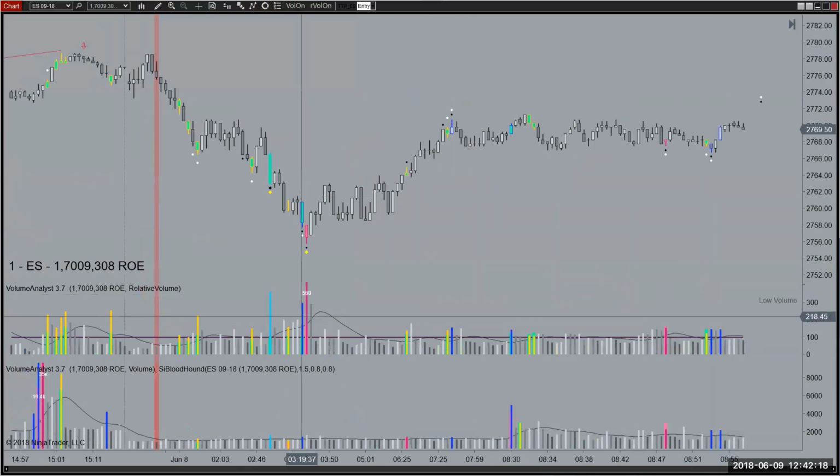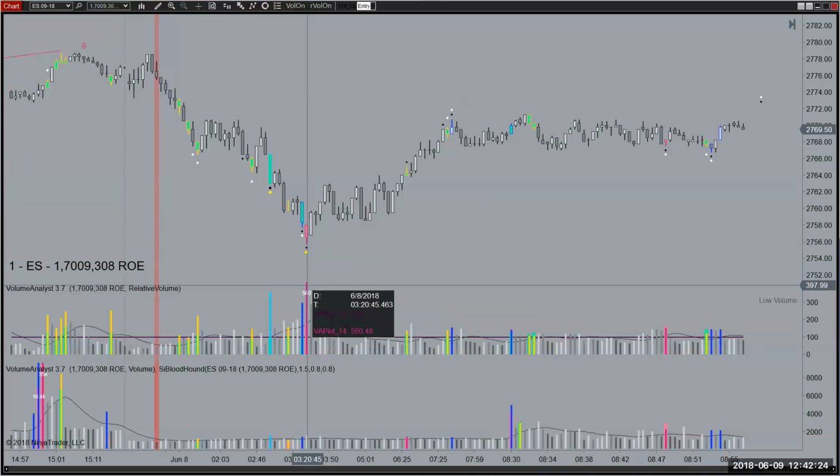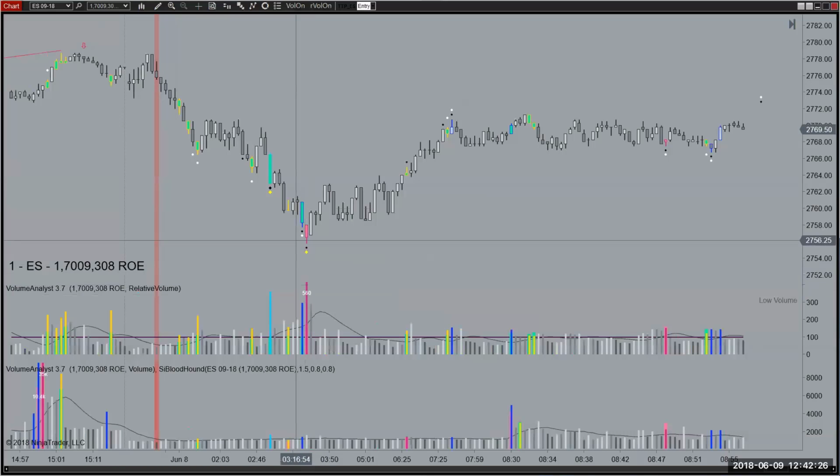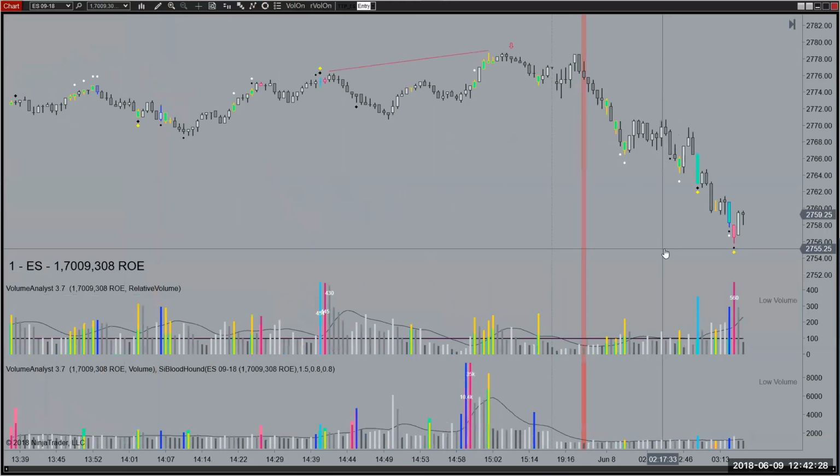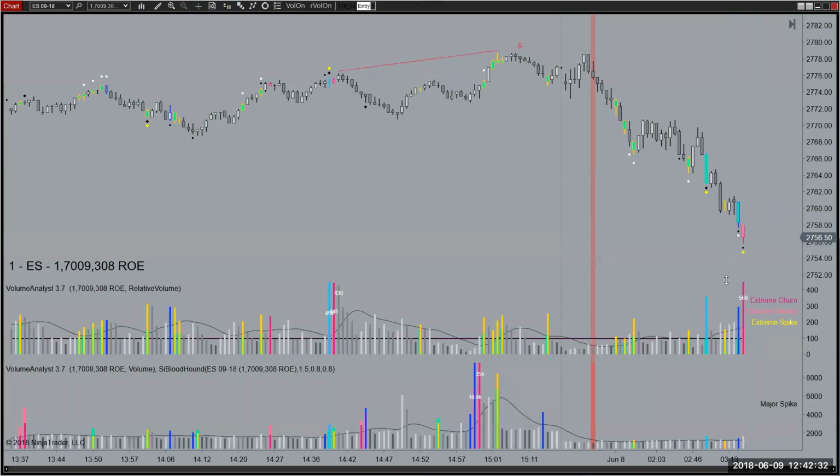Look at that. Another 2-bar pattern at the low, 3:20 in the morning, 560% extreme churn bar. That's the highest degree. That's the best and largest sign of demand coming in at a low that you could ever hope for.